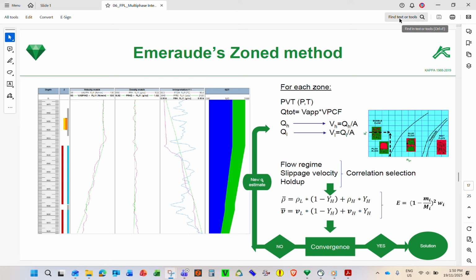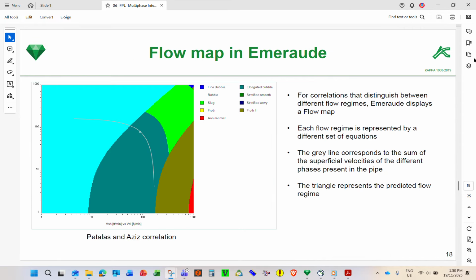Battery, yeah. Okay. The flow map, you might see some petal analysis, different colors, different flow ratings. So the triangle is the solution for that calculation zone, and the line is the possible solution.